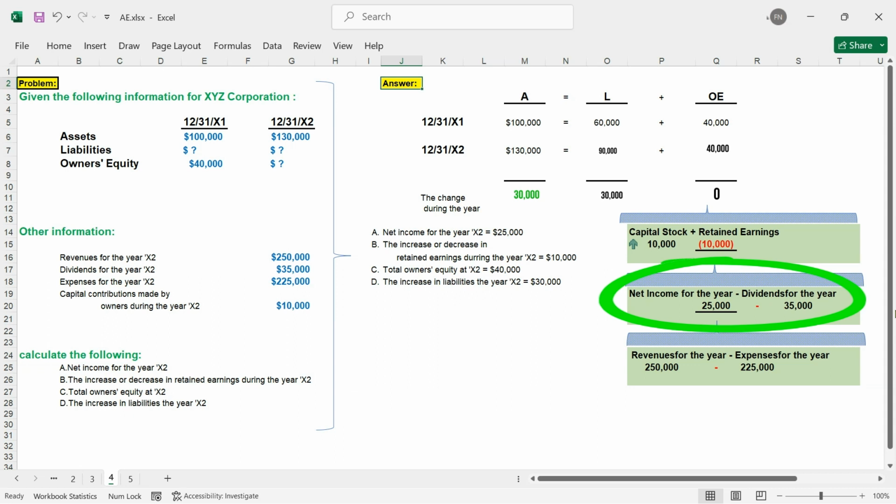This company was profitable, but paid out more dividends than they had in terms of income. You know, this is really kind of strange, and if I were talking to these business people, I'd say, why the heck would you have taken out a dividend of $35,000 and then turned around and taken some of those dollars and contributed it back to the business as a capital contribution? Frankly, this doesn't make business sense to me.